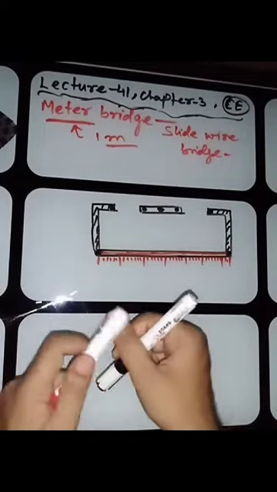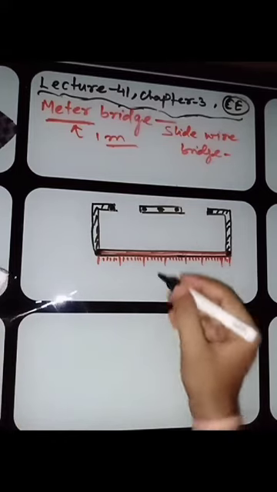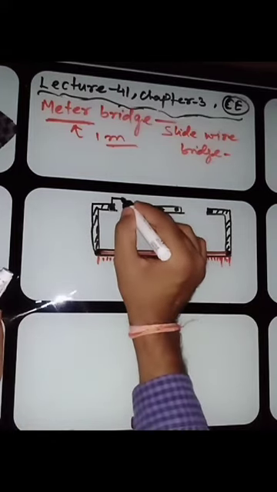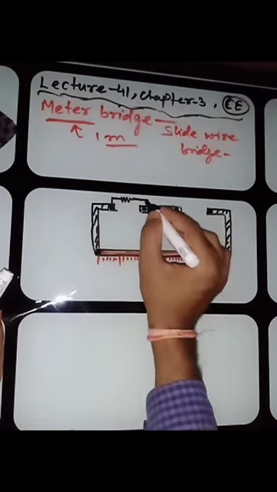Now we will connect here a known resistance. Usually we take a known resistance from a resistance box, say R. We'll connect here an unknown resistance. We don't know the value, that we have to find. Let it be X. Okay. We need to connect a current source.